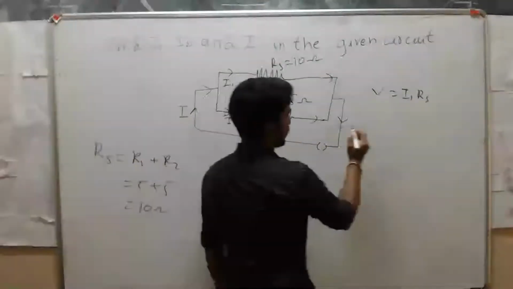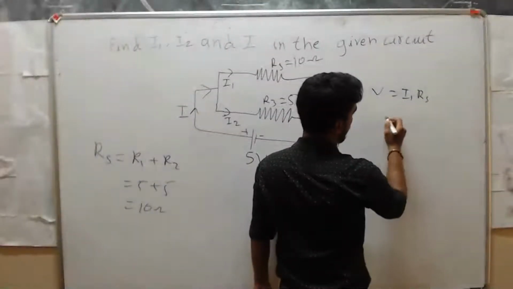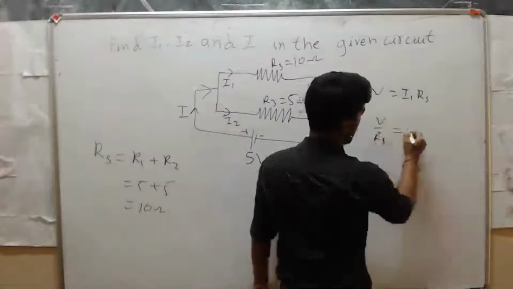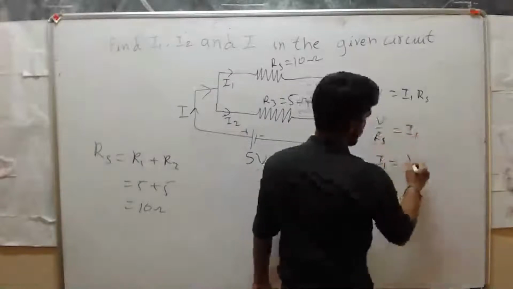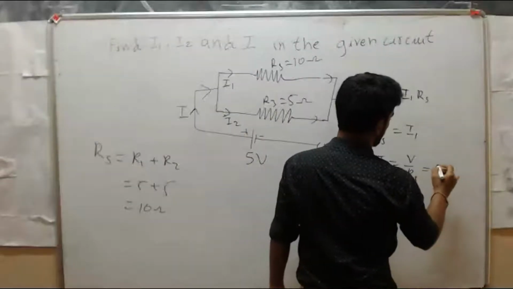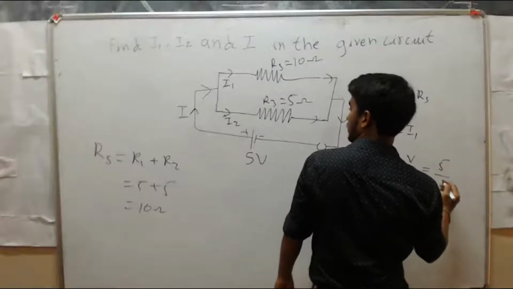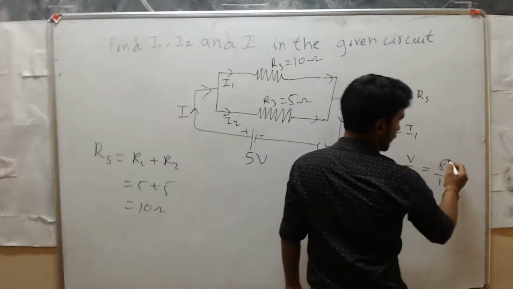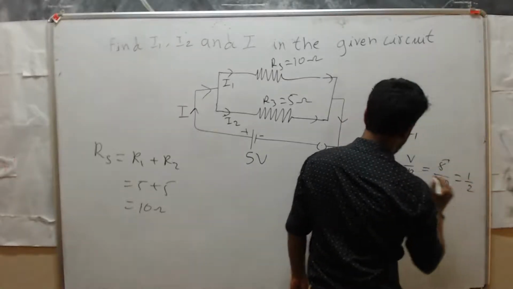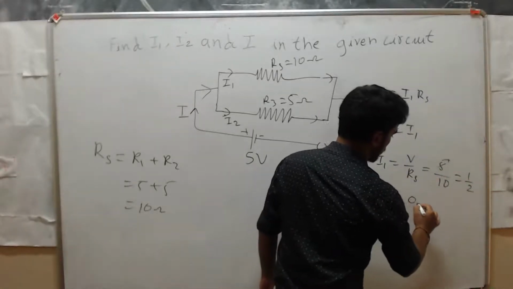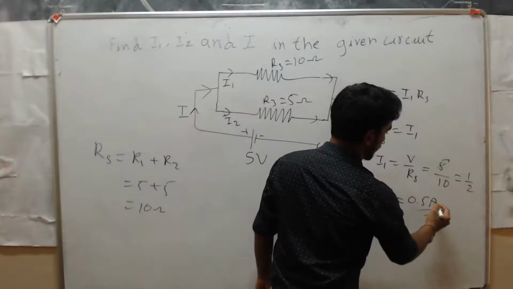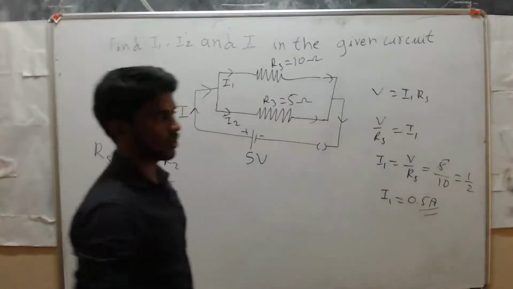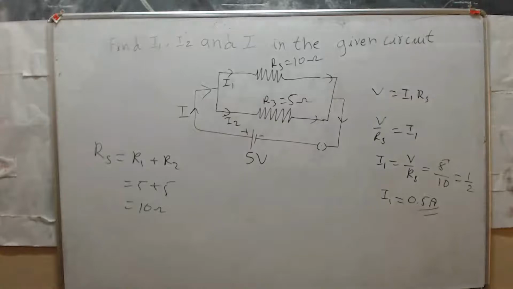So I1 is equal to V by RS. V is 5 volt, RS is 10. So 5 by 10 is 1 divided by 2. So I1 is equal to 0.5 ampere.